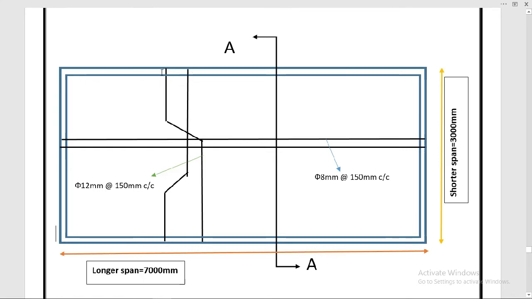We take the longer span length to calculate the number of main bars, although the main bars are provided at the shorter span. Same for the distribution bars: we take the shorter span length, although the distribution bars are provided at the longer span, we take the opposite length to calculate the number of bars.